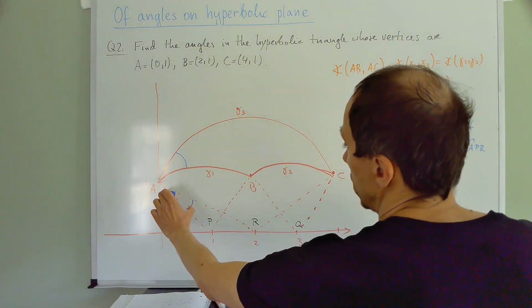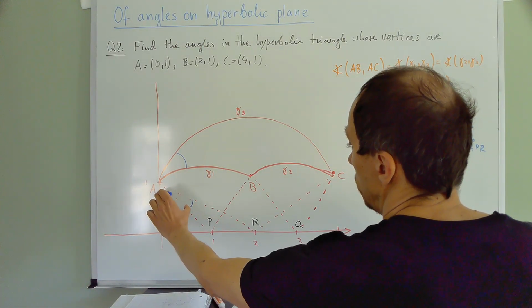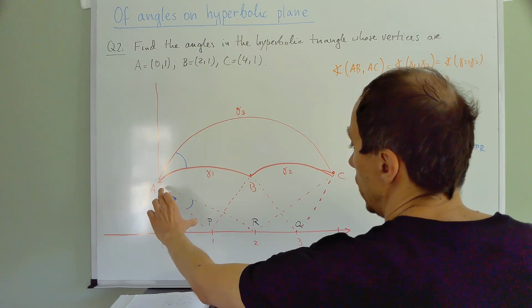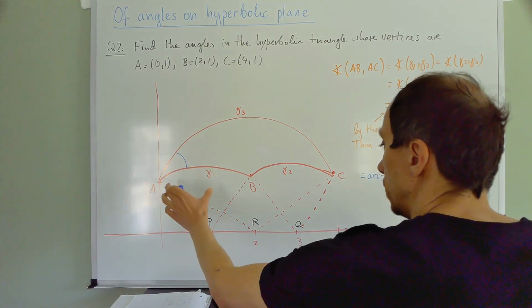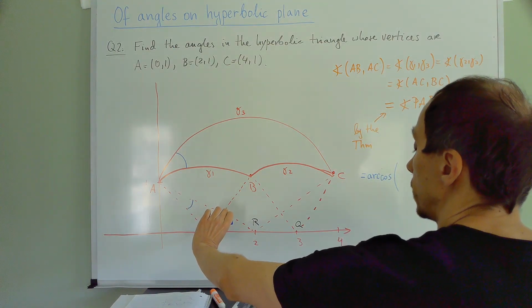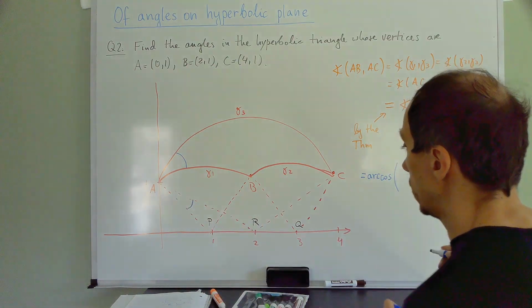cosine of this angle, that's this length squared plus this length squared minus this length squared, divided by twice these two lengths.